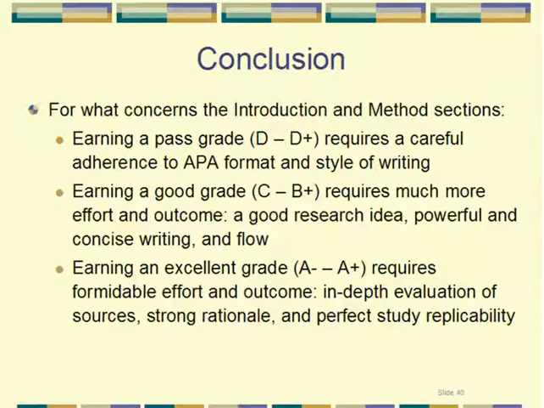Earning a good grade in the range C to B+ requires much more effort and outcome: a good research idea, powerful and concise writing, and flow in writing. Earning an excellent grade in the range A- to A+ requires formidable effort and outcome, in-depth evaluation of sources, strong rationale, and perfect study replicability.